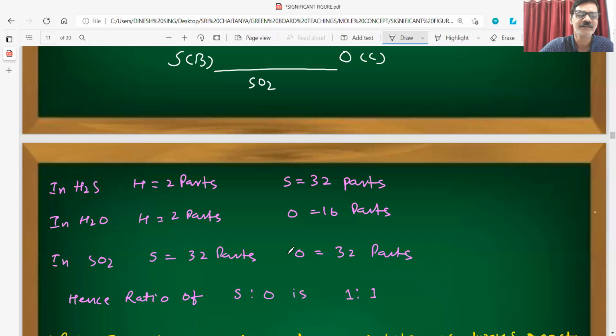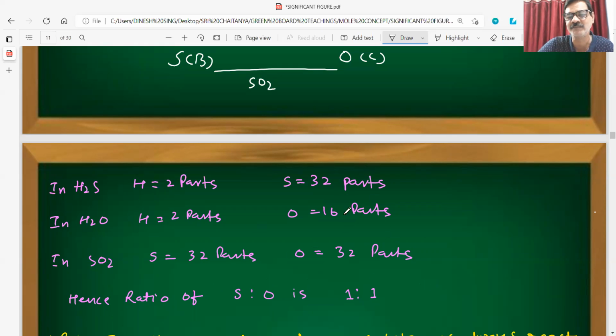If we see in SO2, the amount of sulfur is 32 parts, the amount of oxygen is also 32 parts. So hence the ratio of sulfur to oxygen in SO2 is 1:1. They are bearing the same or simple ratio. Here they are bearing a 2:1 ratio in H2S and H2O. And in SO2 they are bearing a 1:1 ratio.